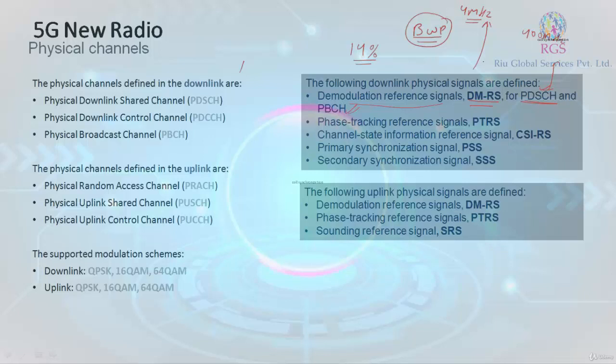Then we have the phase tracking reference signal and the channel state information reference signal. These are basically used for the purpose of MIMO, so that you can make use of the throughput even better. Similarly, the phase tracking reference signal is also present in the uplink, along with the sounding reference signal and the demodulation reference signal, which has the same purpose of doing channel estimation.